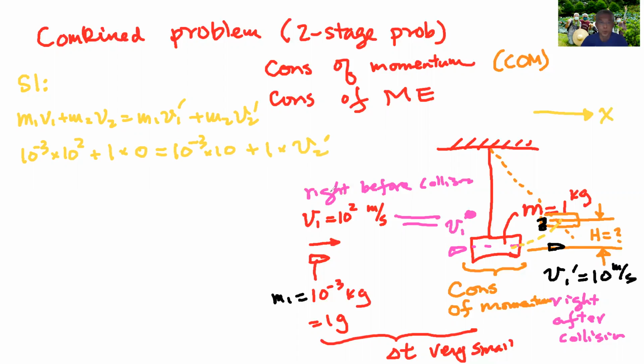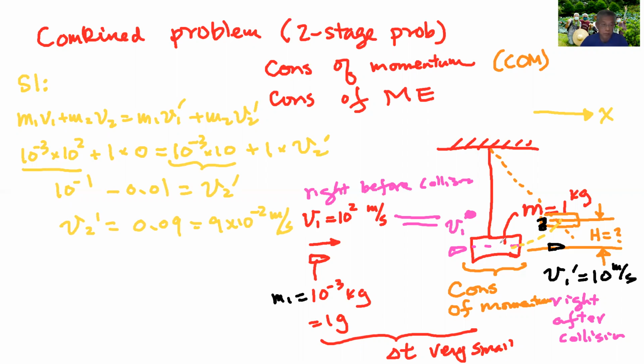So you can find the V2 prime from here. 10 to the negative 1 right here, minus 10 to the negative 2, minus 0.01, is equal to V2 prime. So V2 prime is equal to 0.09, or 9 times 10 to the negative 2 meters per second. That's V2 prime.